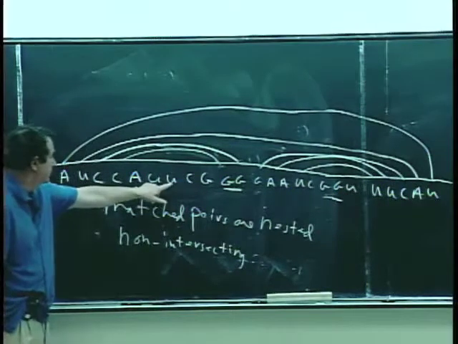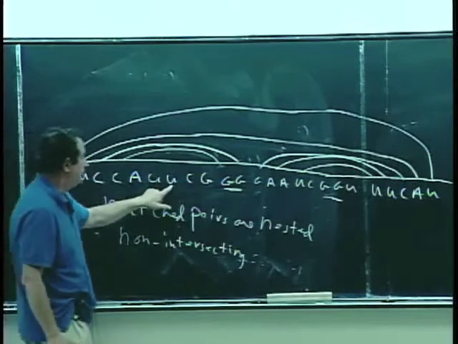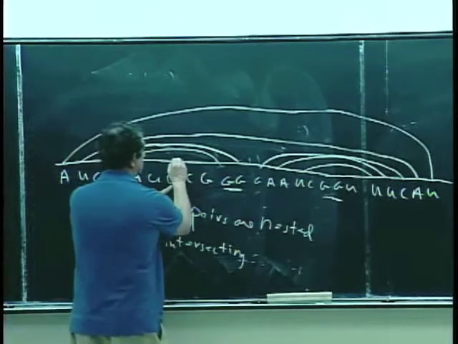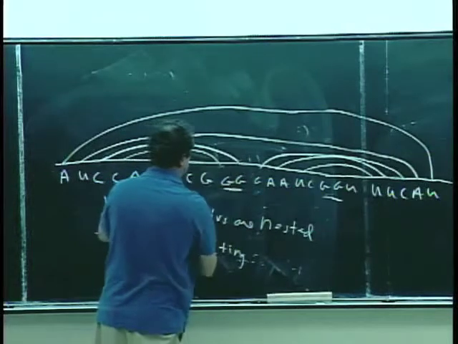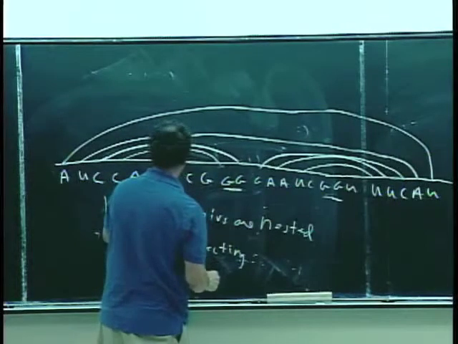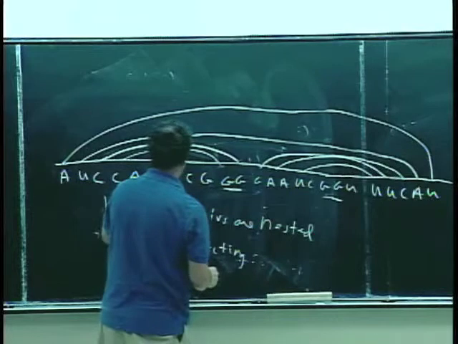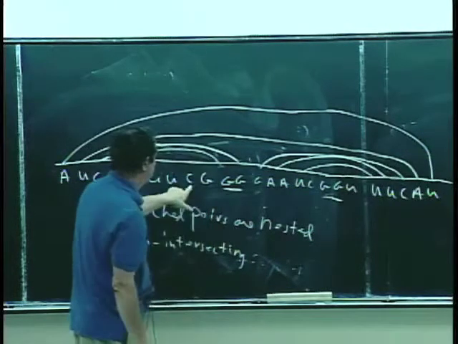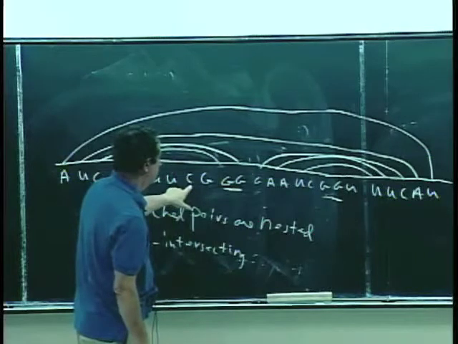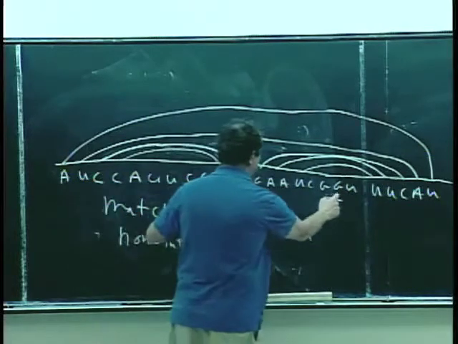We don't have this U, for example, matching with, well, it'd have to match with an A, but there's no A over there anyway. Here's a C, which is unmatched. Here's a G that's unmatched, right?